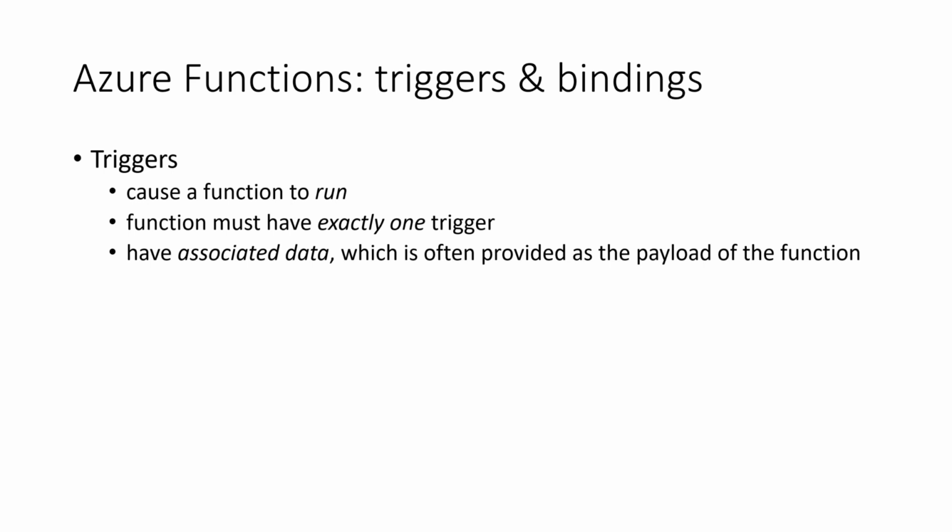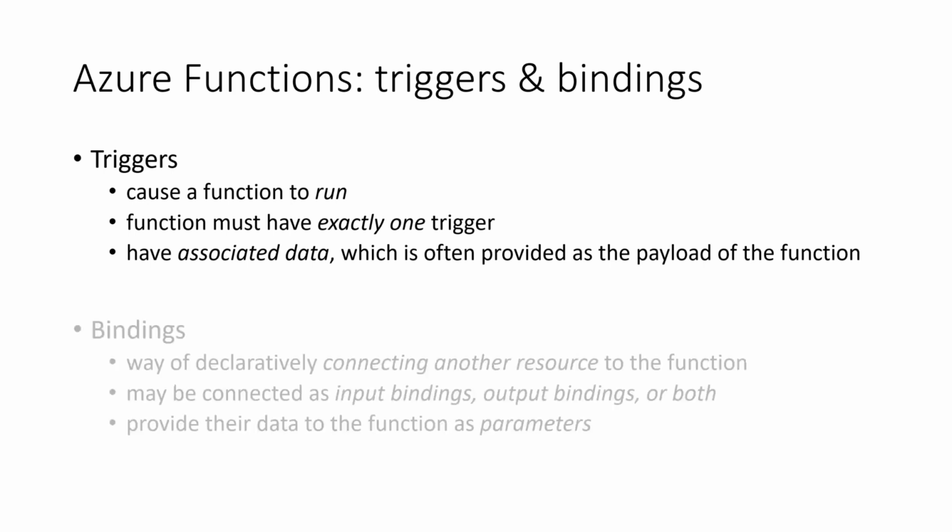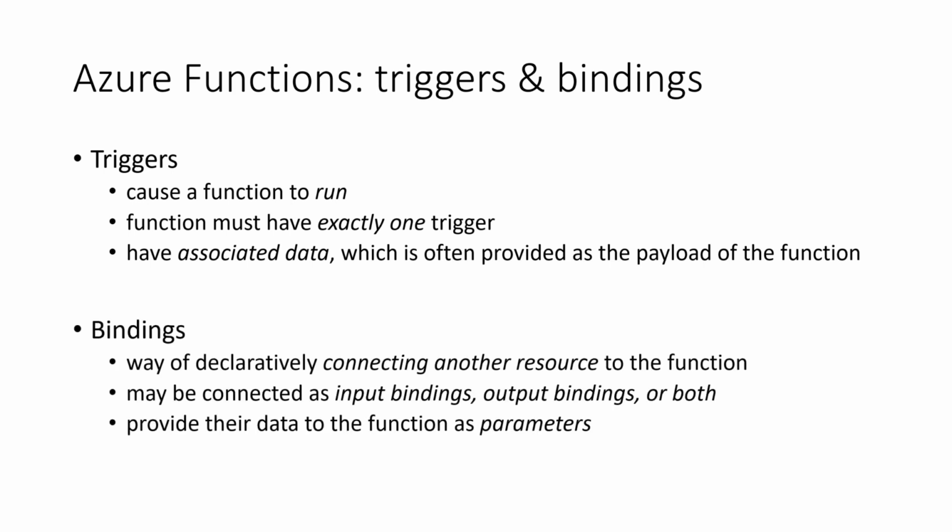Now, next to triggers, so next to what actually makes our code run, we also have bindings. Bindings are a way of declaratively connecting other resources to your function. So you can have an input or an output binding, or maybe even both. And the cool thing there is it also completely abstracts away the resource you're trying to talk to.